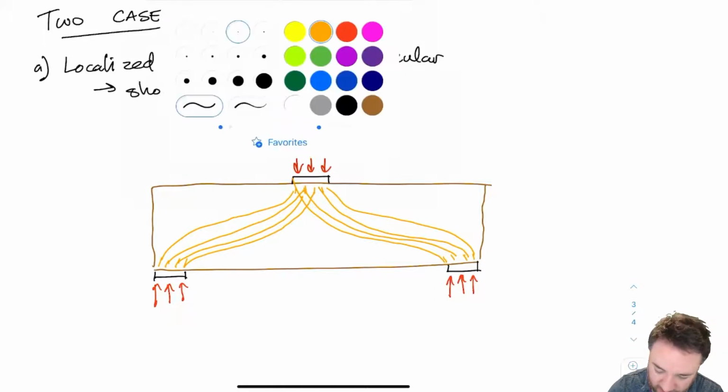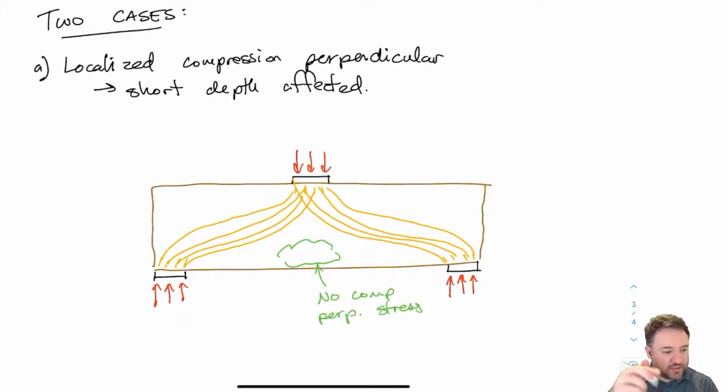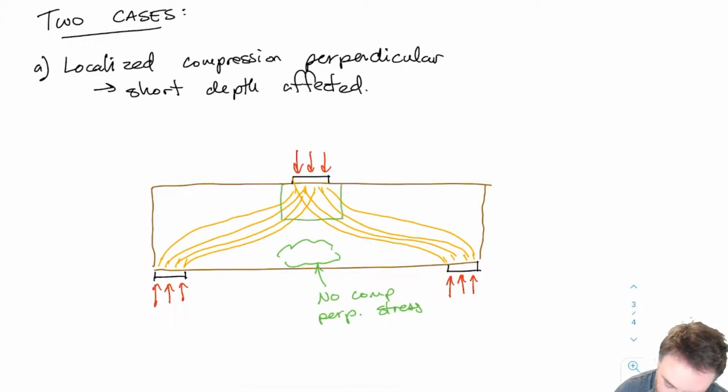Okay, and it ends up getting shared on each side. So if we're looking at the bottom of this beam, for example, we know instinctively that there is going to be no compression perpendicular stress here. Down there, there's basically only tension stresses along the length of the beam. So there is some zone underneath this load where we actually have compression perpendicular.